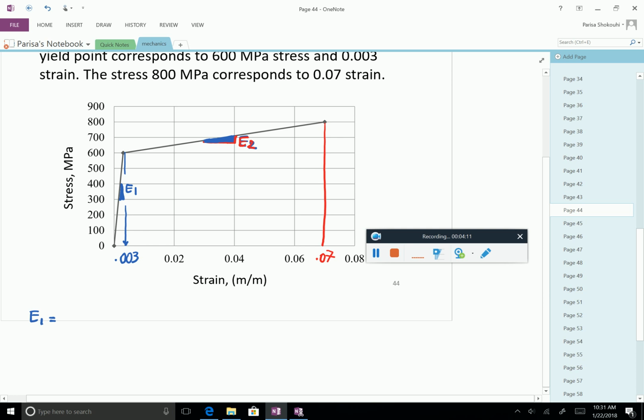E1 will be just the slope of the first line.